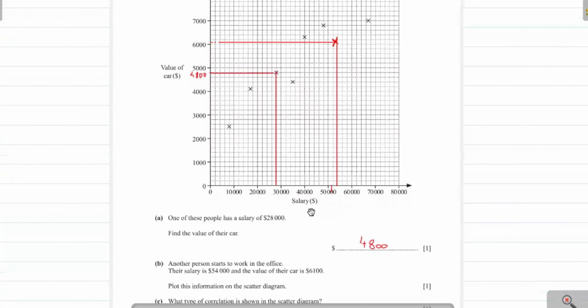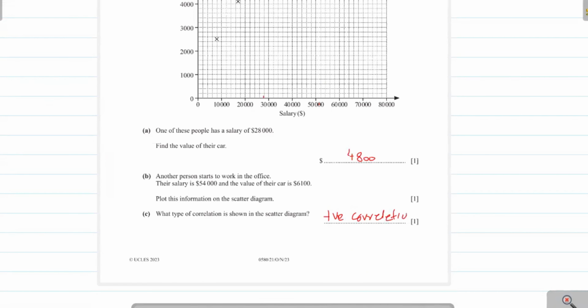Next is which type of correlation is shown in the scatter diagram. You see here when the salary is increasing, the value of the car is also increasing. It shows that this correlation is the positive correlation. Therefore, we write here positive correlation, and this is the answer.